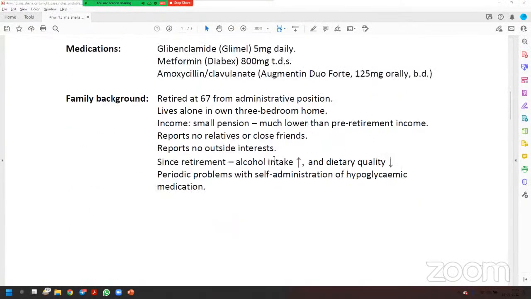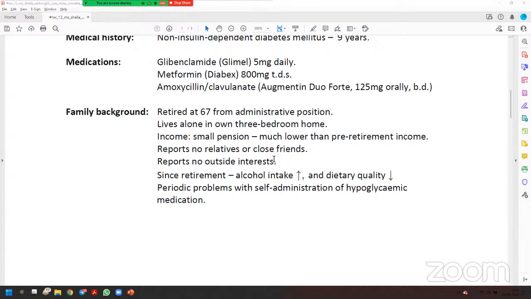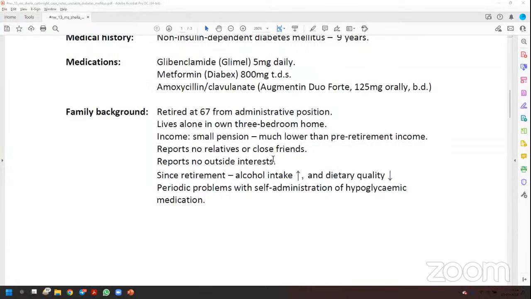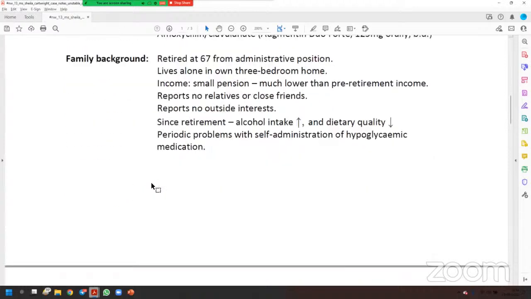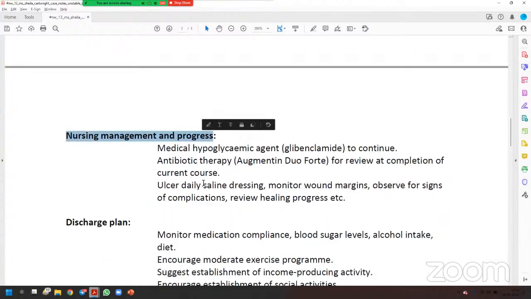So we are going to write 3 paragraphs. Now, you can see here we have medications, family background, nursing management and progress during hospitalization.